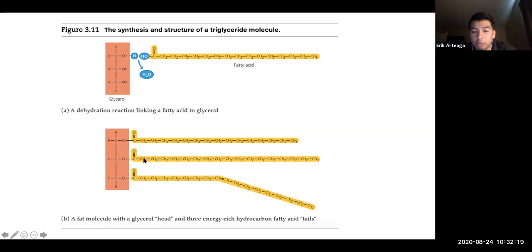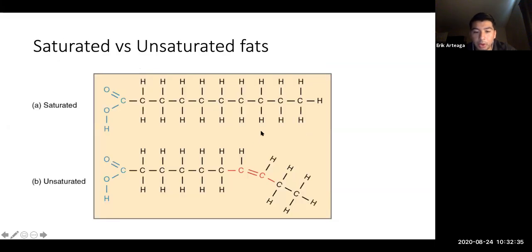Okay, so multiple double bonds create space, makes it more liquid. Let's say if this is a completely saturated triglyceride, you'll have these three chains of fatty acids. If they're completely saturated like this, it will not be viscous. It will not be liquid. Okay, it'll be solid at room temp. All right.